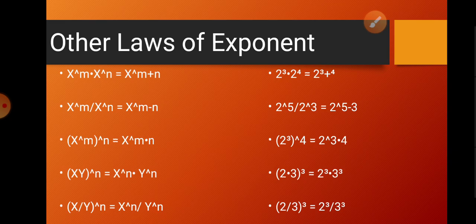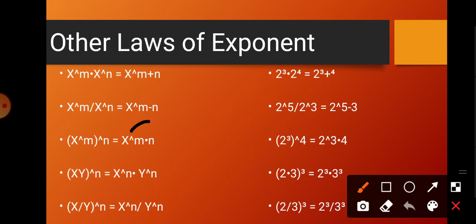Next is, if you have a base to the power of m, to the power of another exponent, the operation that you use on the exponents is multiplication, like this.